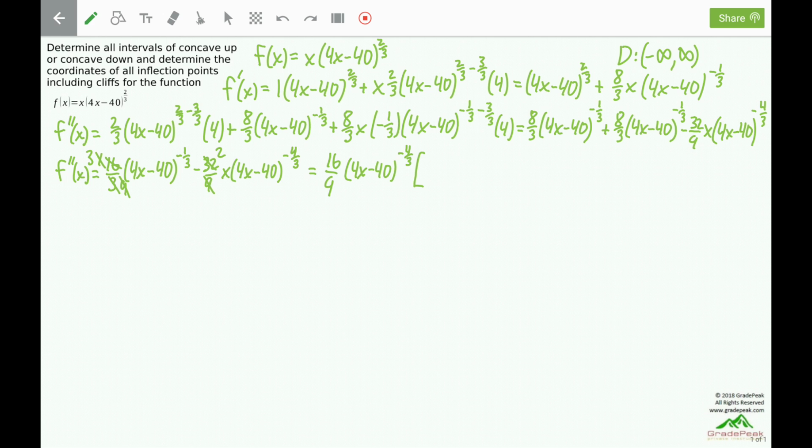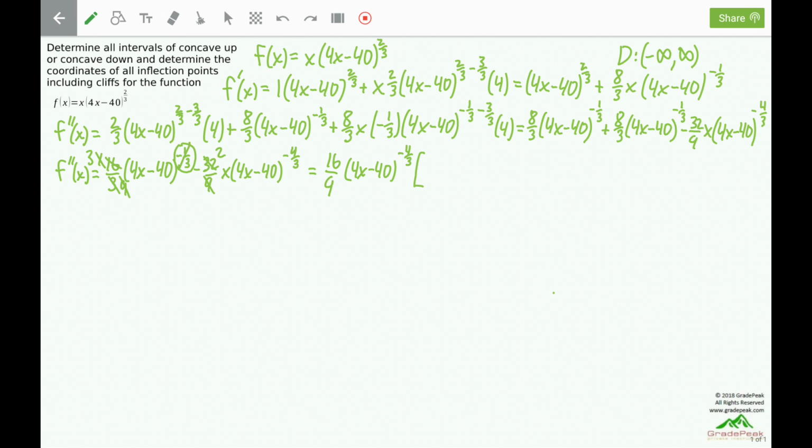Factoring out the 4x minus 40 to the negative 4/3, factoring is division. Division is subtraction of exponents. We will be subtracting a negative 4/3, which is equivalent to adding a 4/3. For the first power, negative 1/3 plus 4/3 is 3/3, or the power of 1.